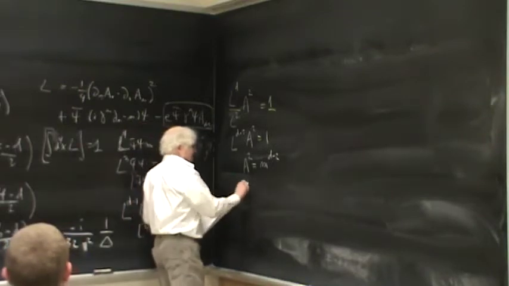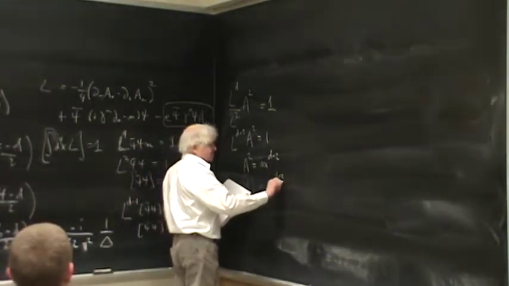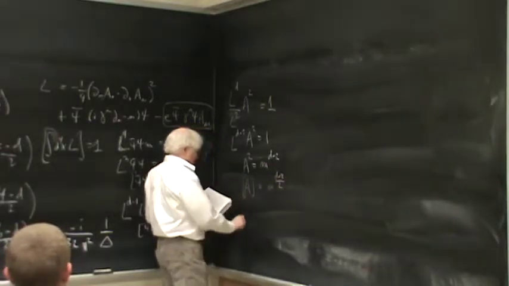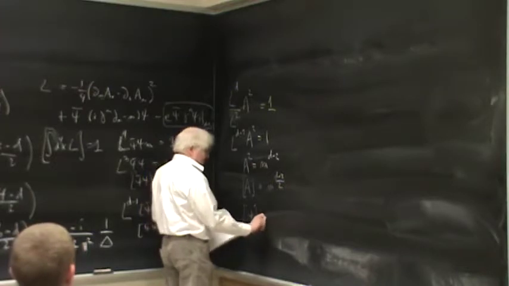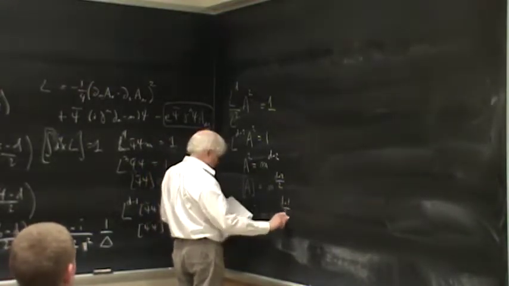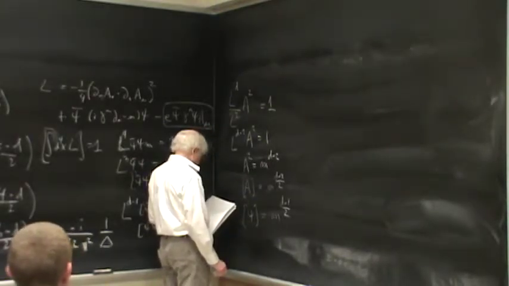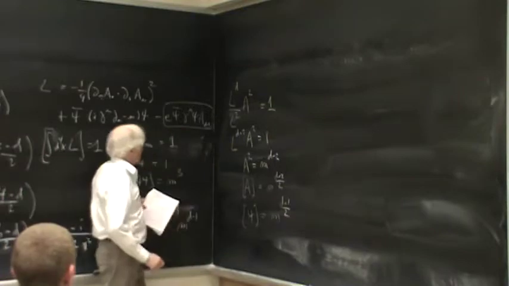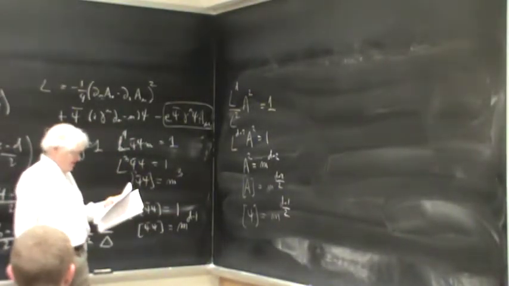Okay, so the dimension of A is m^((d−2)/2). The dimension of ψ, taking the square root of that, is m^((d−1)/2). And m has dimension of m. Okay, so I followed the same convention as Schwartz.